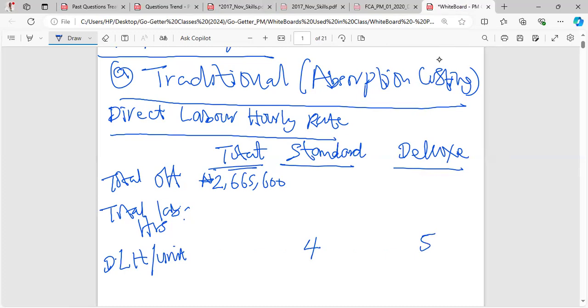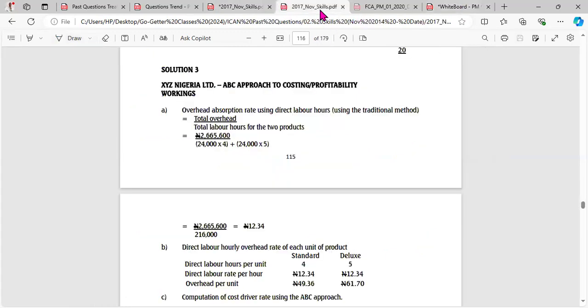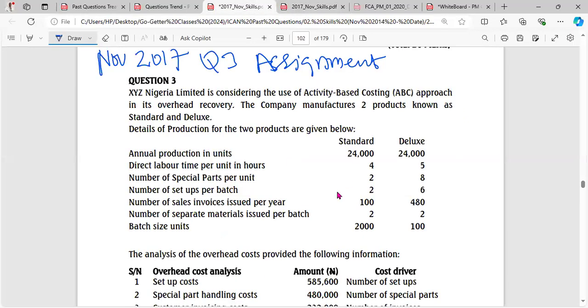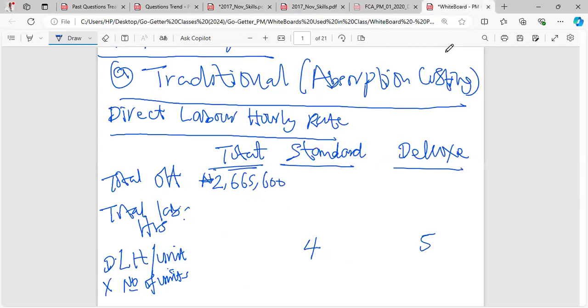This is for just one unit. We are going to multiply this by the number of units. Each of them is 24,000 units. So I will multiply here by 24,000.